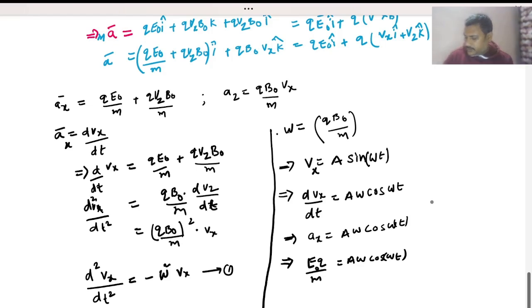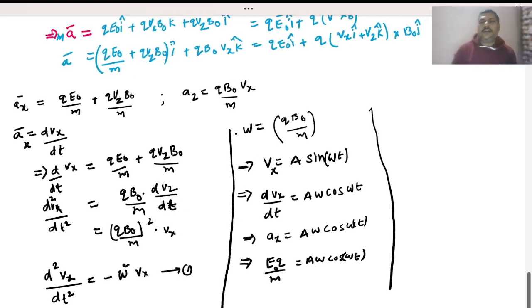Finally you solve this, and we will get the solution of these equations. Here omega we already know, so substitute now, and you will get A equal to E₀ by B₀.